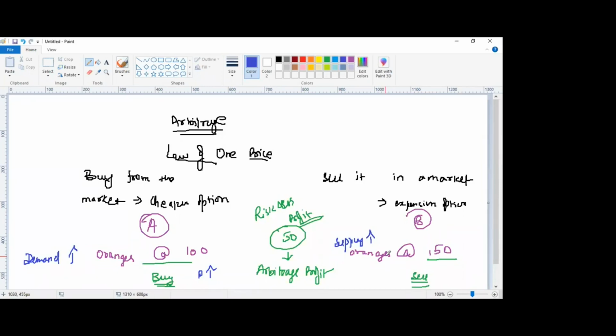It'll fall. Yes, the prices will start to fall.